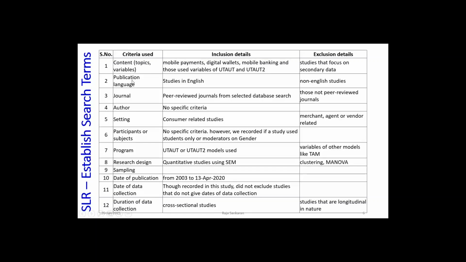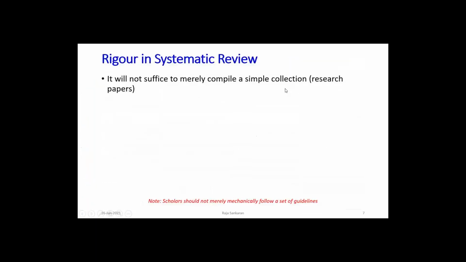As I said, my focus today is only on those rigor and quality criteria, which will make you publish those kinds of articles in good journals and come up with a quality research paper. So these 12 criteria are very, very important from the point of view of identification.